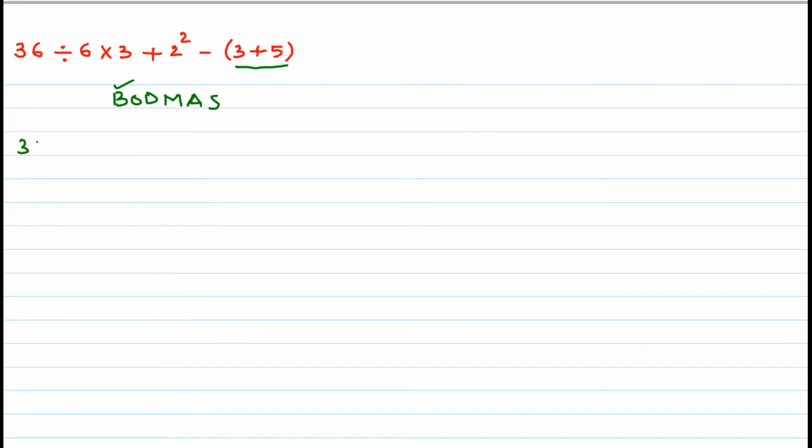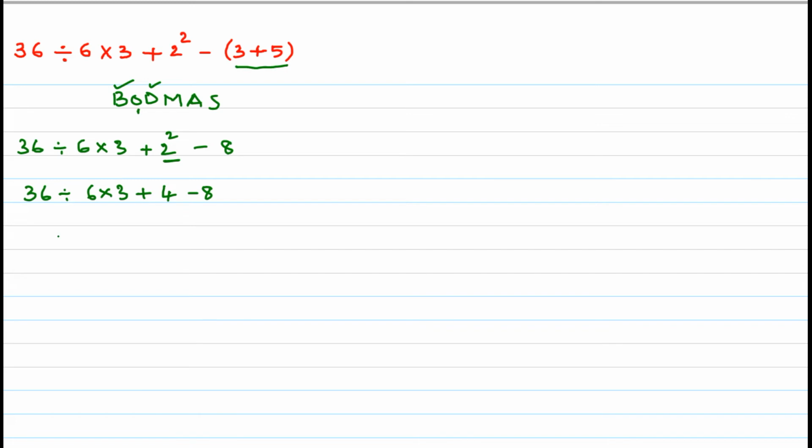So this is now 36 divided by 6 into 3 plus 2 to the power of 2 minus 8. After that, O is there, that is order, exponential order. So let me take that part. 2 square comes under this order part. So 6 into 3 plus 2 square is 4 minus 8.